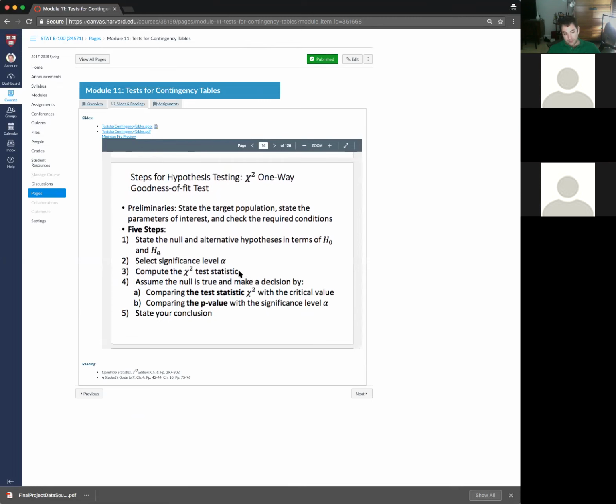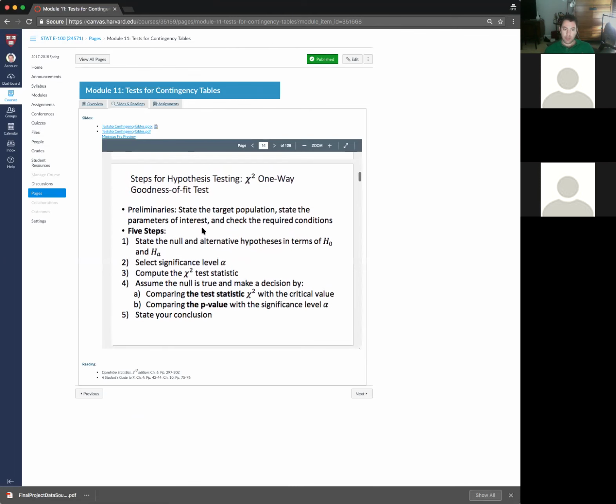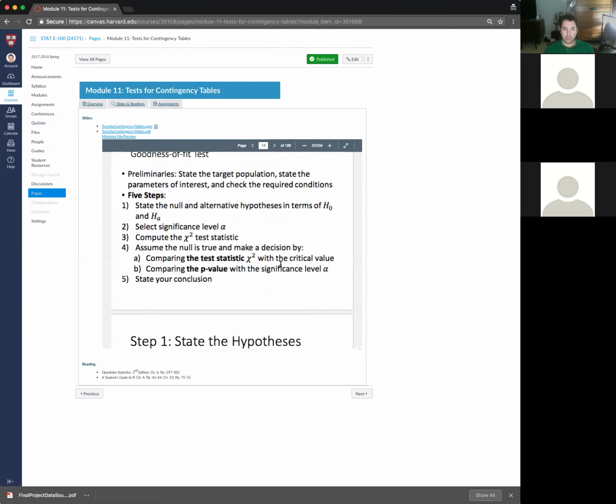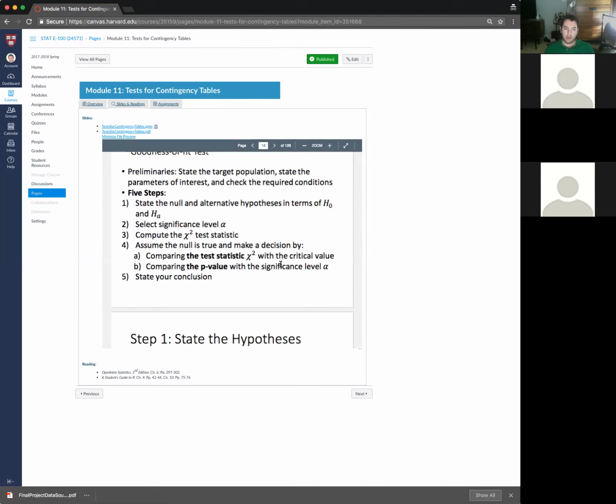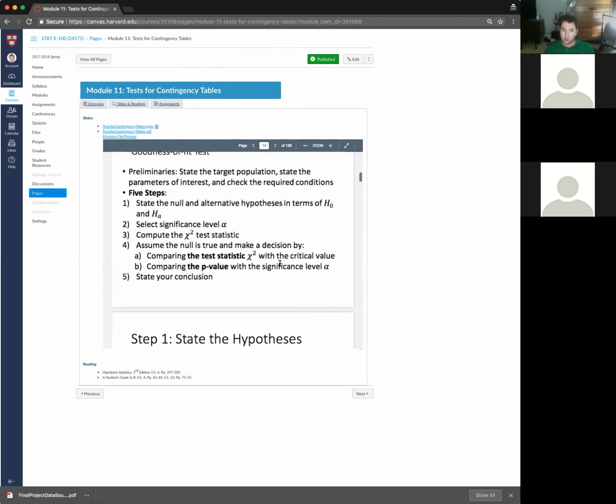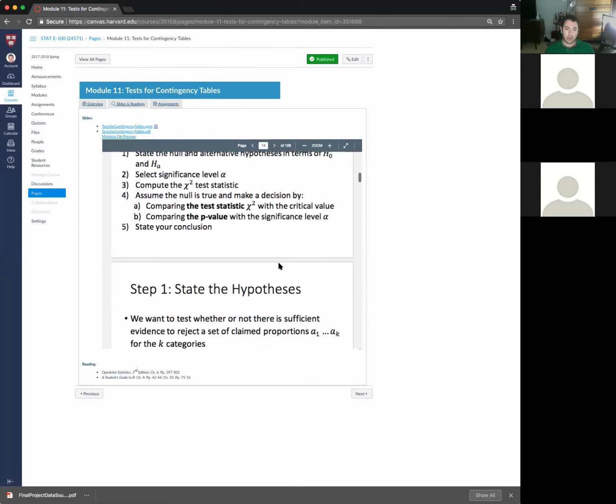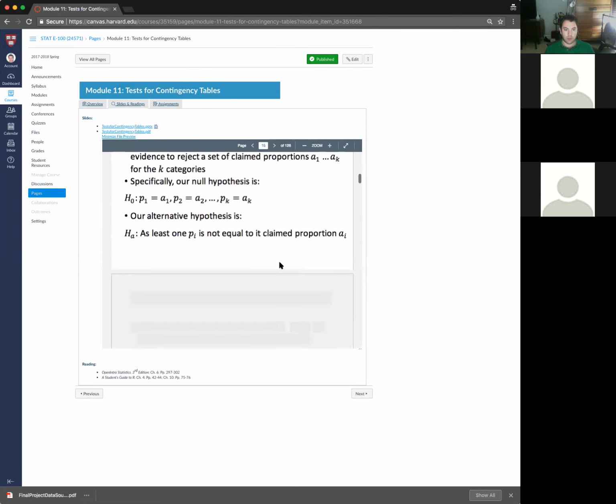And a chi-squared goodness of fit test is a hypothesis test. So just like all our other hypothesis tests, we're going to have 5 steps. We're going to state our hypotheses, select a significance level, compute the test statistic, and then either compare the test statistic with the critical value or look at the p-value and make a conclusion.